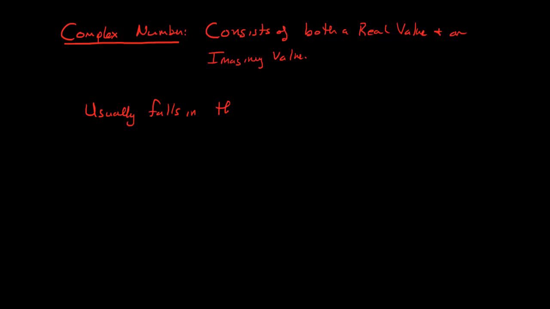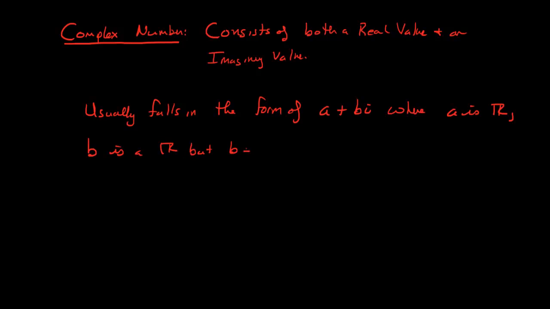A complex number usually falls in the form of a plus b times i, where a is a real number, and b is a real number, but b cannot equal 0. People always say, why can b not equal 0? Let us suppose b equals 0.